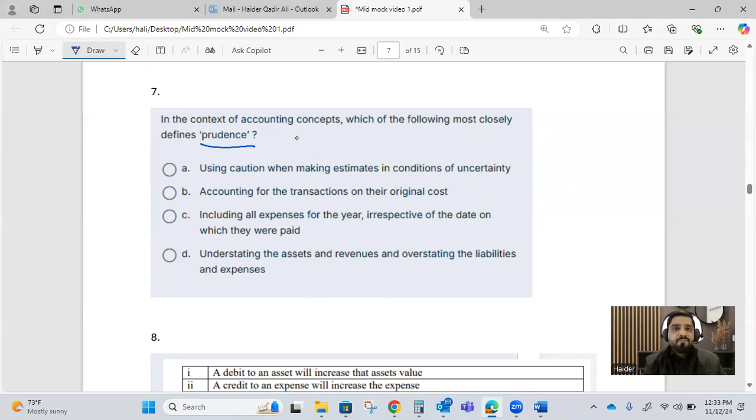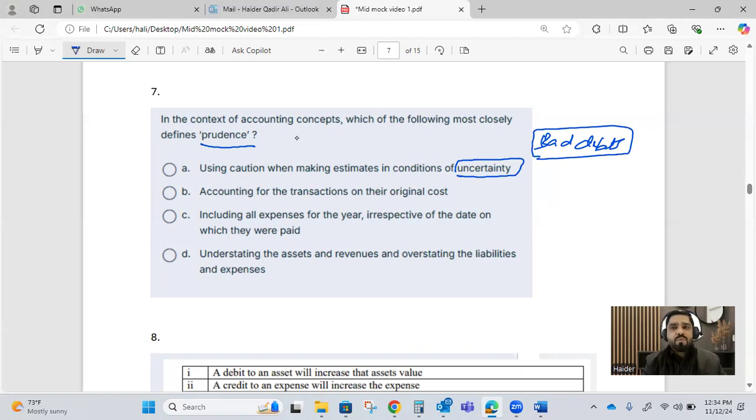So here we say using caution. Option 1 says using caution when making estimates in condition of the uncertainty. The point is they are talking about the uncertainty. You are making careful precautions. Let's suppose bad debts, and you are estimating by careful estimation how much would be my uncollectible from receivables.